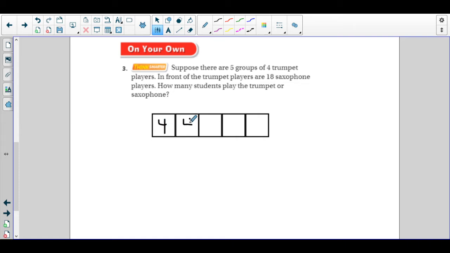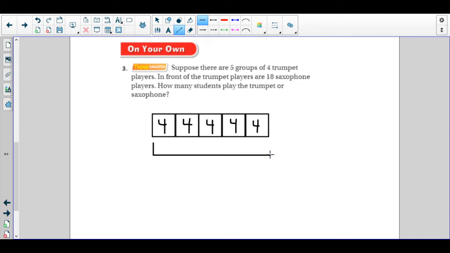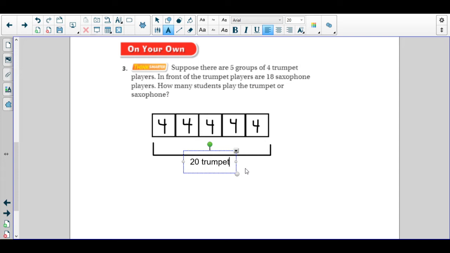So 1, 2, 3, 4, and 5. So what we have right here is a total of 20 trumpet players.